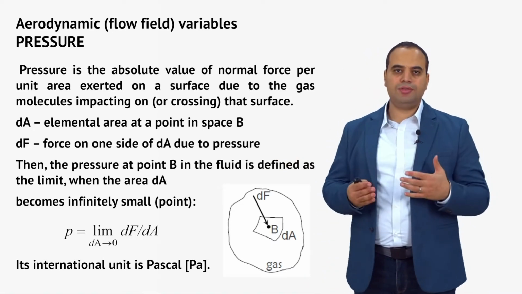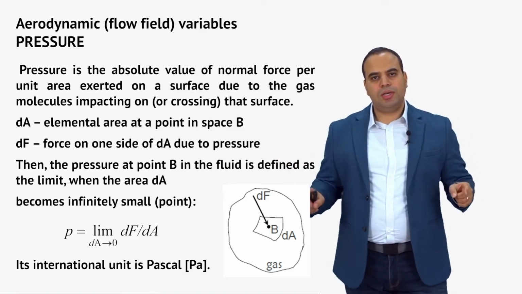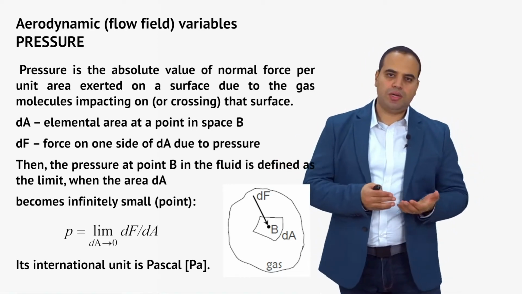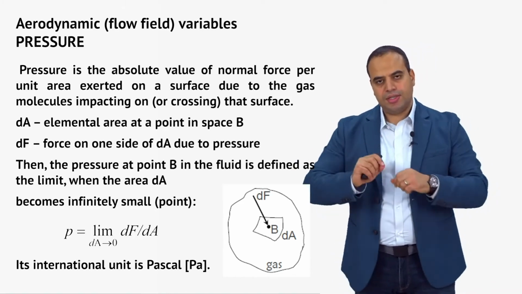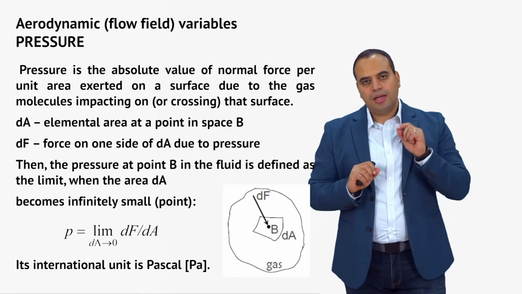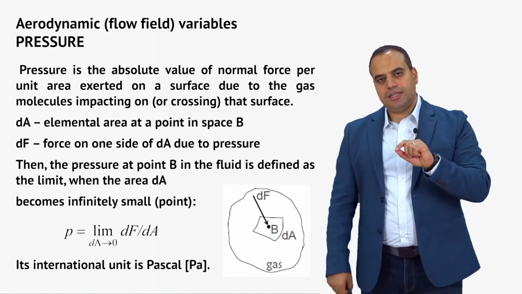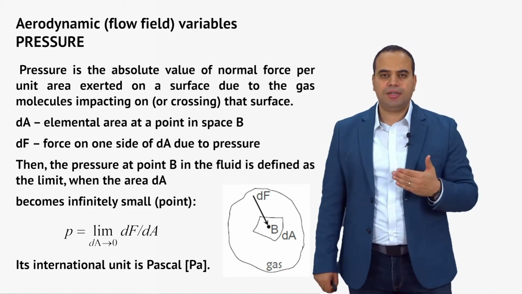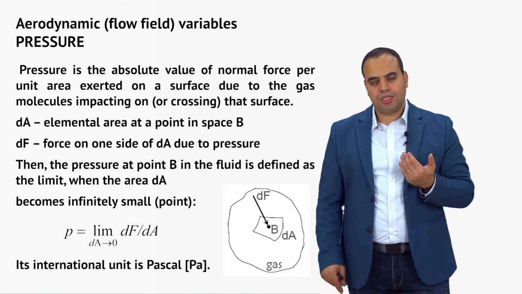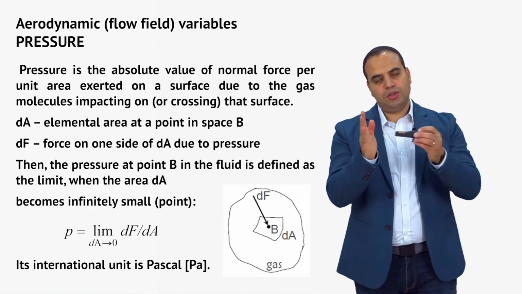So we don't need a specific surface, for example 1 square meter, 1 square millimeter or 1 square centimeter. It can be a point value, and that's a very important thing. In every point in space, we can define the value of the pressure. And when we say a point, it doesn't matter in which direction we are looking. If we say a certain point in space, the pressure is acting in every direction, right?